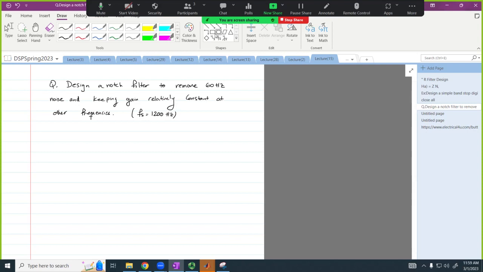What is our notch filter going to look like? Where are the advocates for the notch filter? How are we going to do the notch filter that is going to remove the frequency pi over 10? We're going to place a pole and a 0 very close to each other.